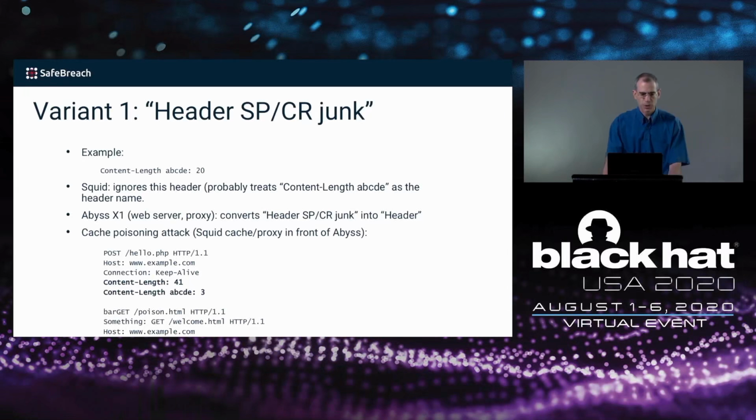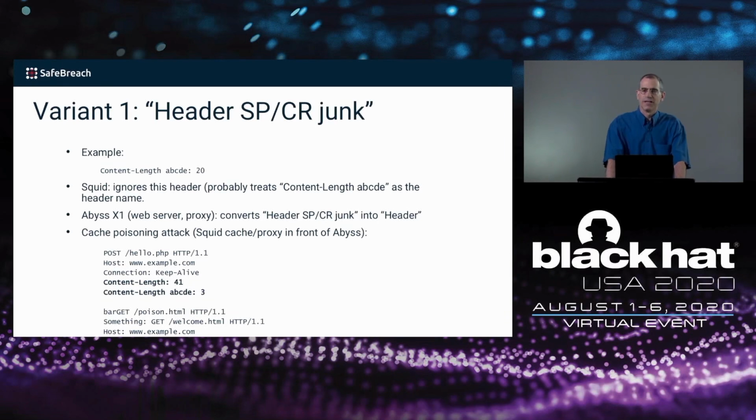So a web cache poisoning attack with Squid in front of Abyss may be constructed as follows. We have the legitimate Content-Length header with 41 bytes, followed by this not-so-legit Content-Length header with a space and junk, with the value of 3.